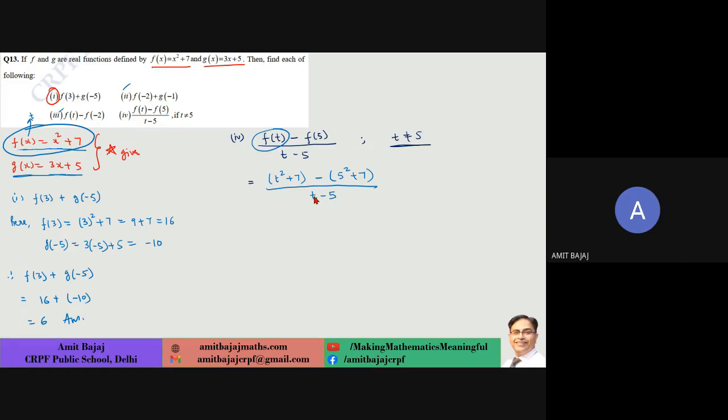The role of the function is over. Now it is simple algebra. Above, the 7 cancels, and t square minus 25 factorizes to t plus 5 times t minus 5. The t minus 5 will get cancelled out and this is your required answer.